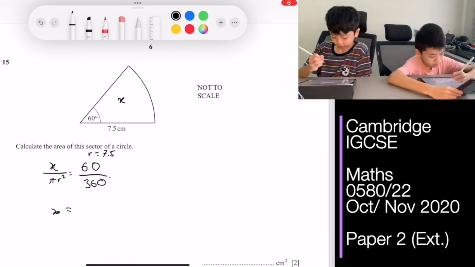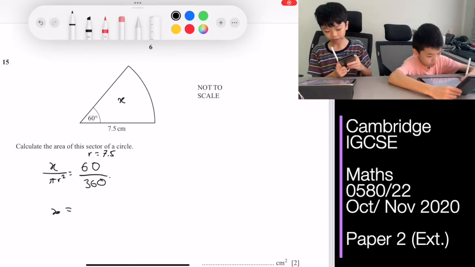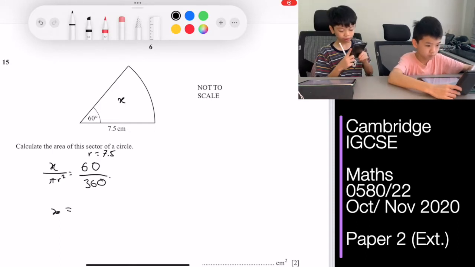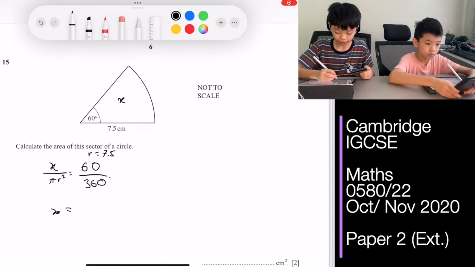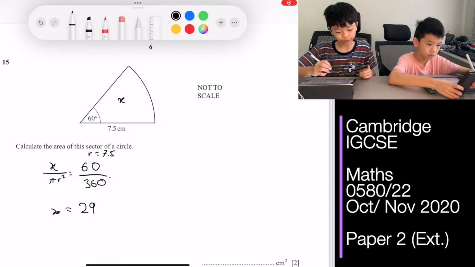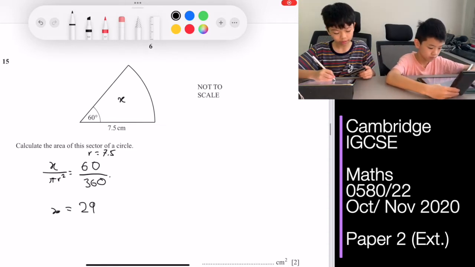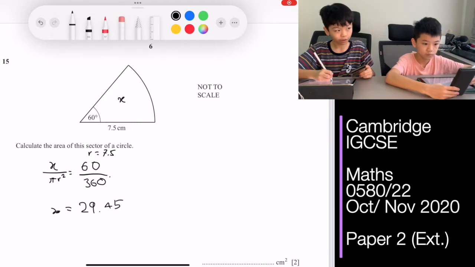And x is 60 over 360 multiplied by 7.5 squared times pi, and you can round it, which equals 29.45.